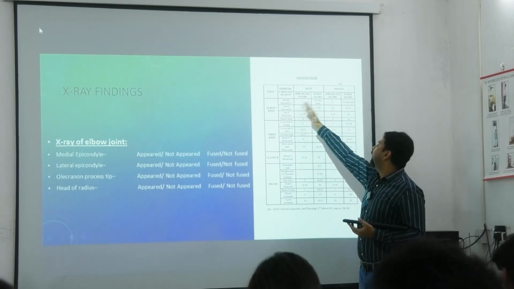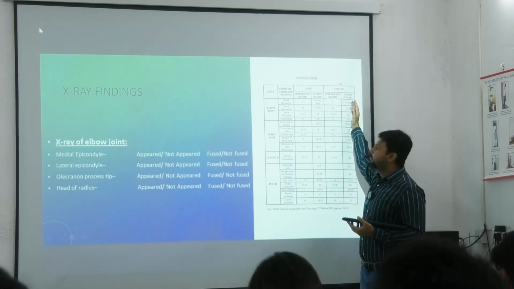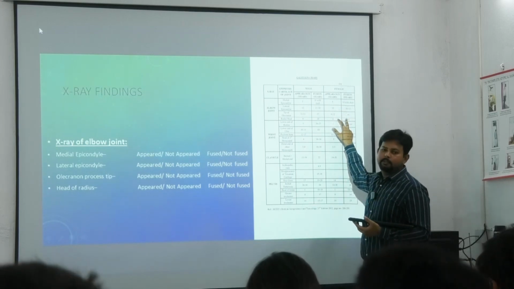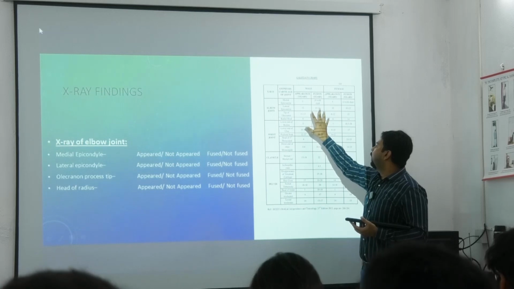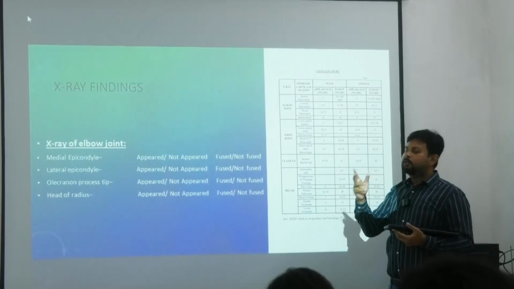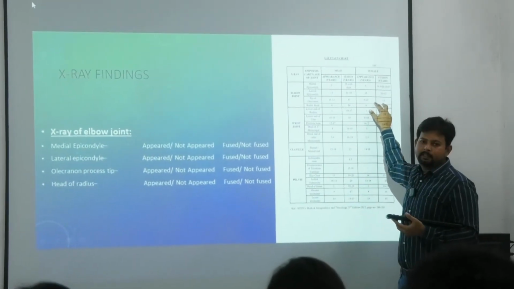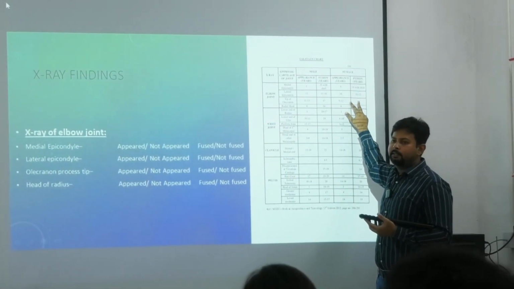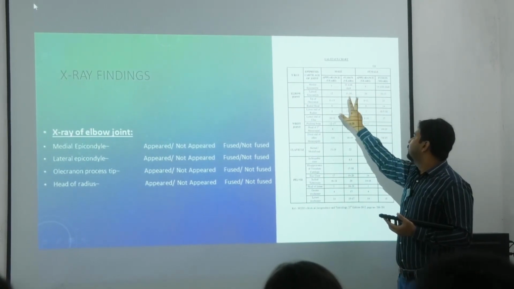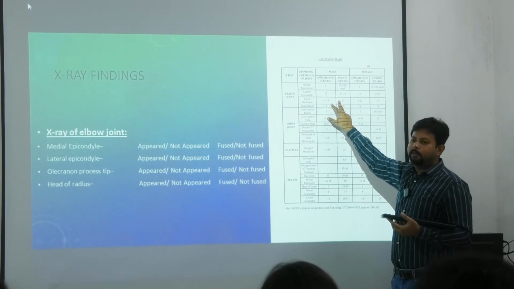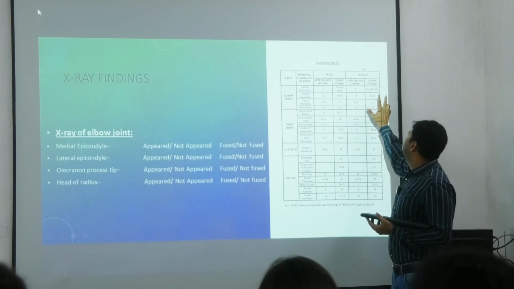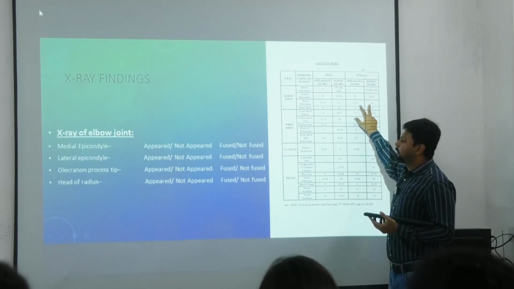On this side male, on this side female. There are separate values for males and separate values for females. The values for males are almost 2 to 3 years more than females. So if you remember one set, if you remember the female ones, then it would be easier to estimate the male ones, because there is almost a 2 to 3 year gap. So best is to remember the female ones. Okay.